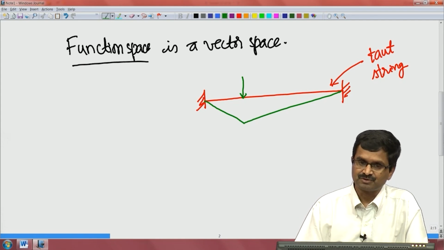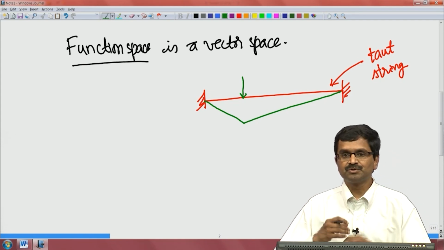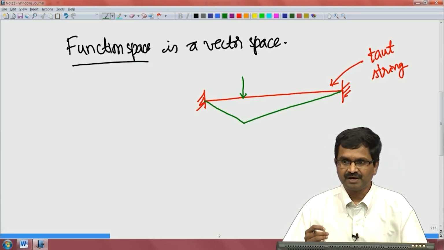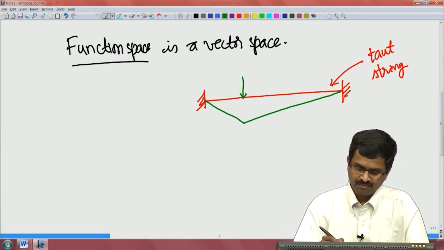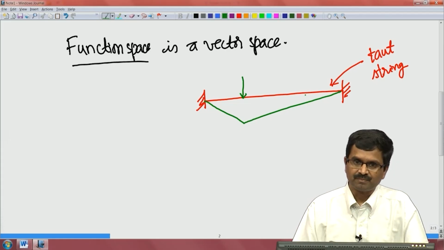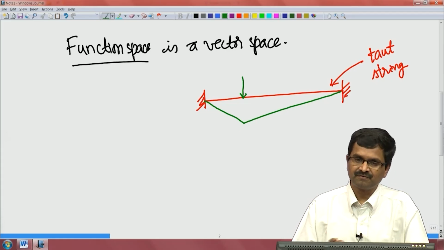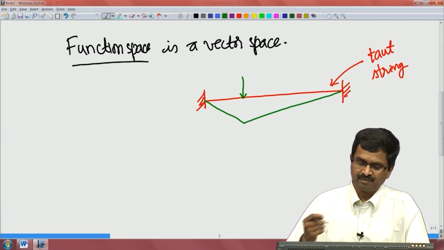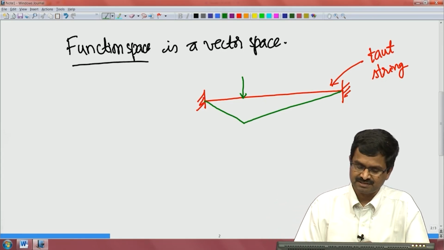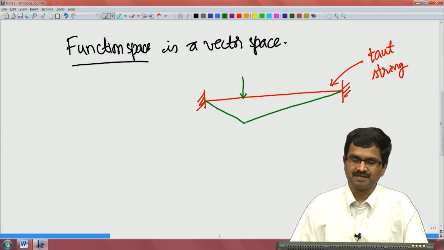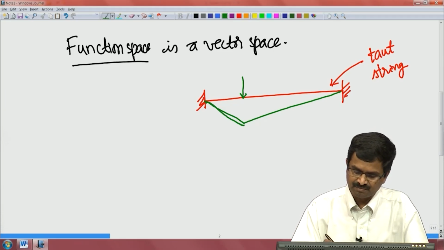Similarly, this string also, when you apply the force, wants to go to a configuration where it will have least potential energy. So, it takes this form. If you think of this as an optimization problem for minimizing potential energy, that is also a functional, as we will see later, or have already seen when we discussed geometry and mechanics in calculus of variations. There are a lot of possibilities, but it takes this particular shape, right.